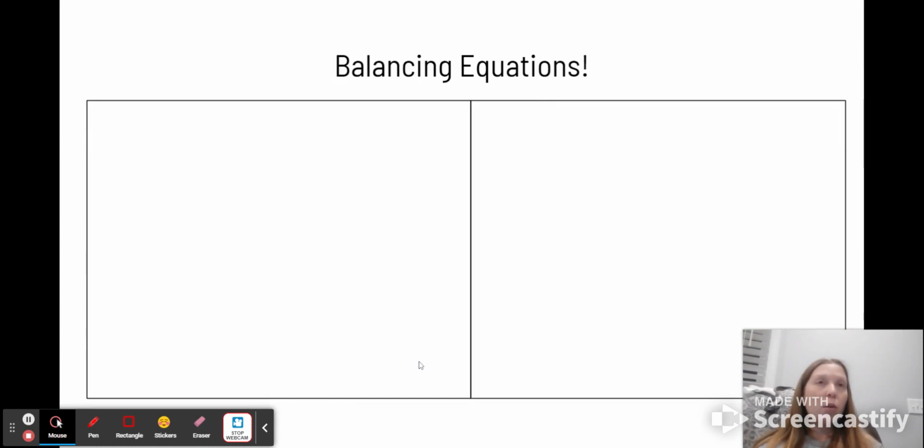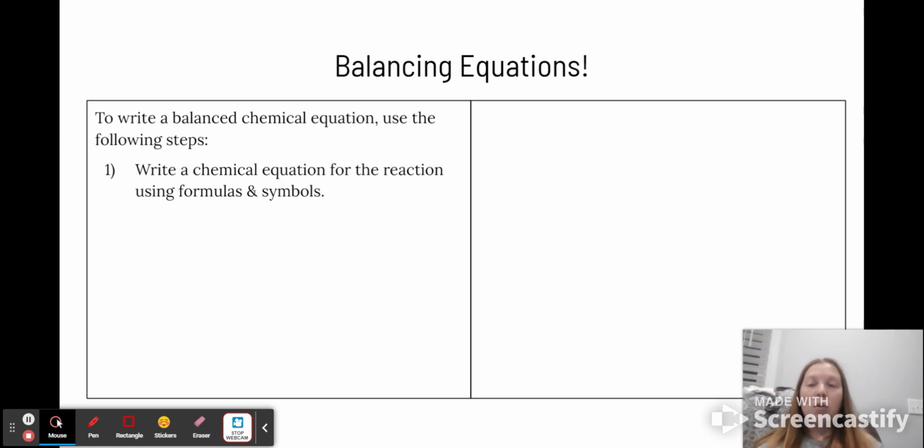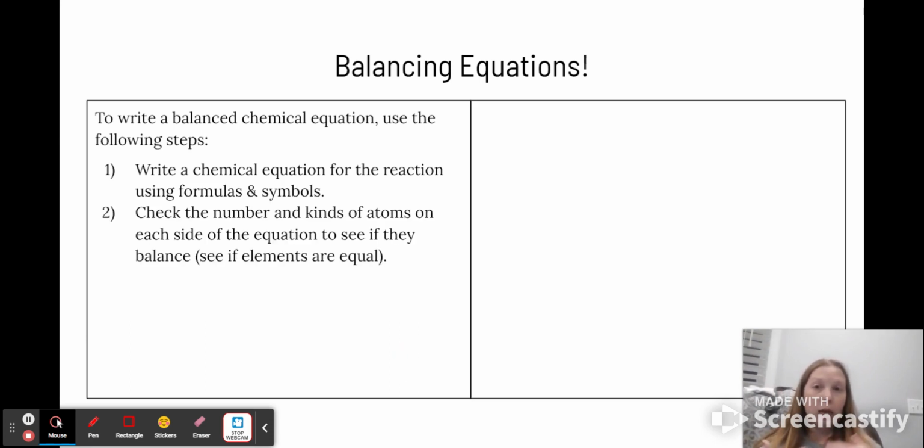So now that we know we have to follow the law of conservation of mass, let's look at how you do that. You have some steps to follow when you're balancing a chemical equation, and it's really not that hard. You would write the chemical equation using the reaction formula and the symbols: the plus signs, the equal sign, the chemical formulas, all that good stuff.